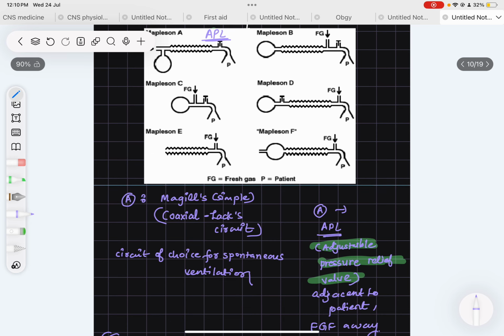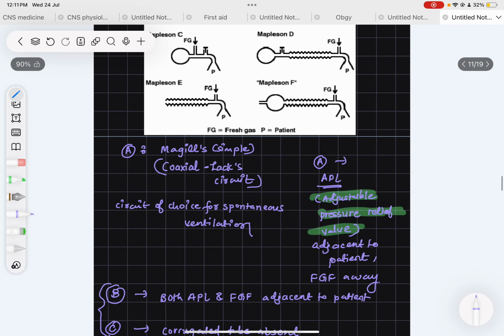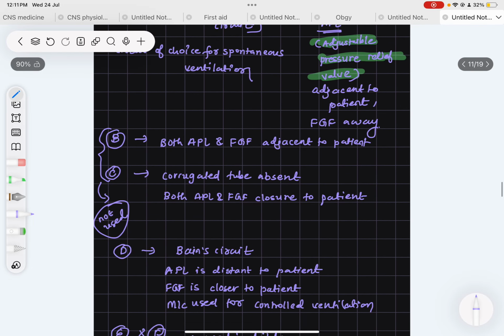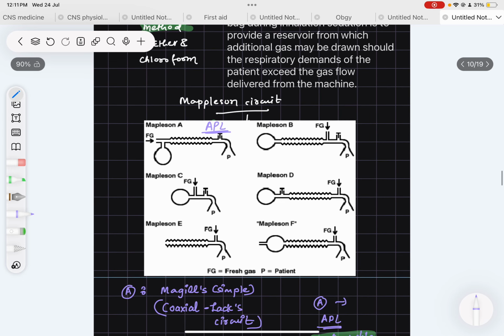Now, in E and F we know that there will be no APL, but what's the difference? In E there will be no reservoir bag also, and in F there will be just no APL, and both E and F will be used in children. E is Ayre's T-piece and F is Jackson Rees.